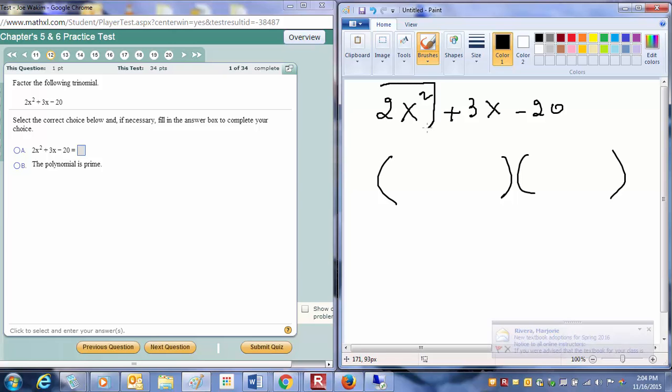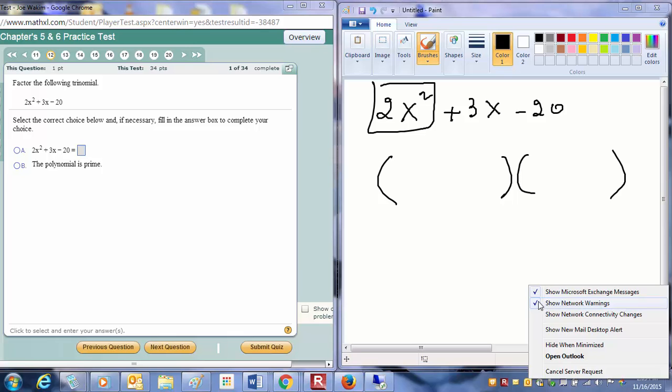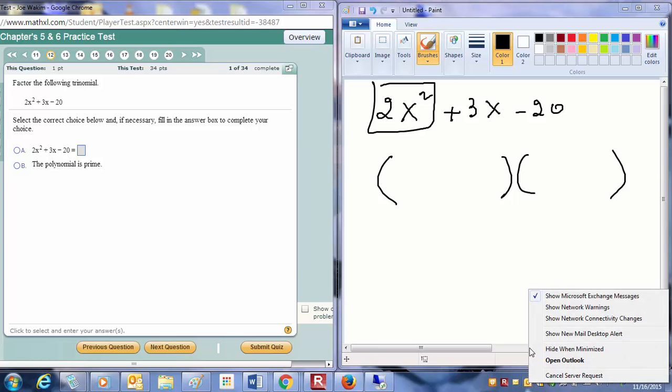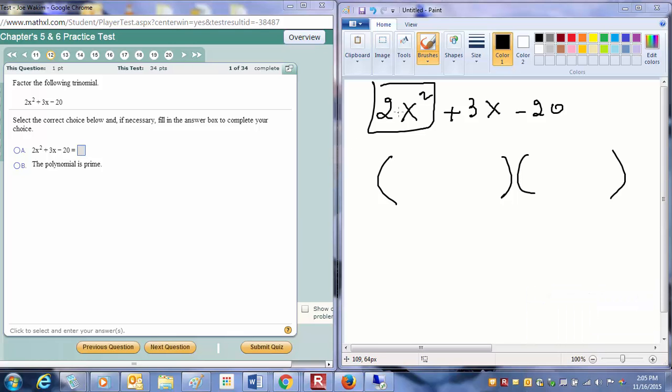How do we get 2x squared? It's going to be 2x times x. That's easy because 2 is a prime number. The only way we can multiply to get 2 is 2 times 1. So let's try 2x times x. That's the only way we can get 2x squared.